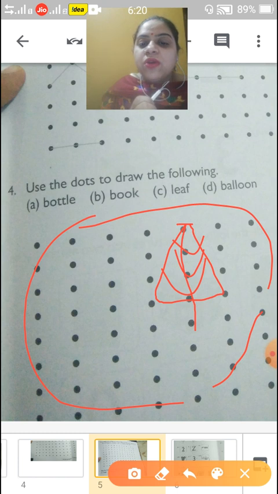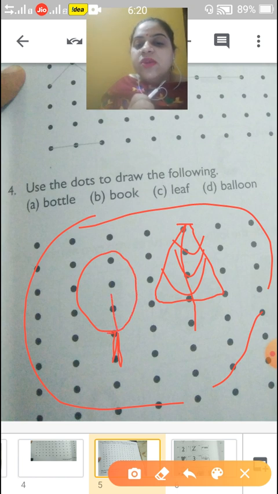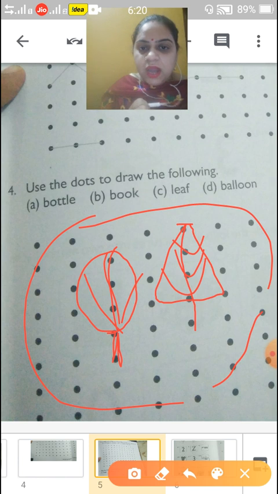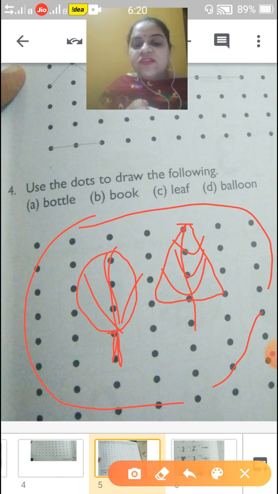Rest you can draw, like you can draw a balloon. Okay children, like this you can draw a balloon or book or bottle. Understood? So draw neatly with the help of these dots.